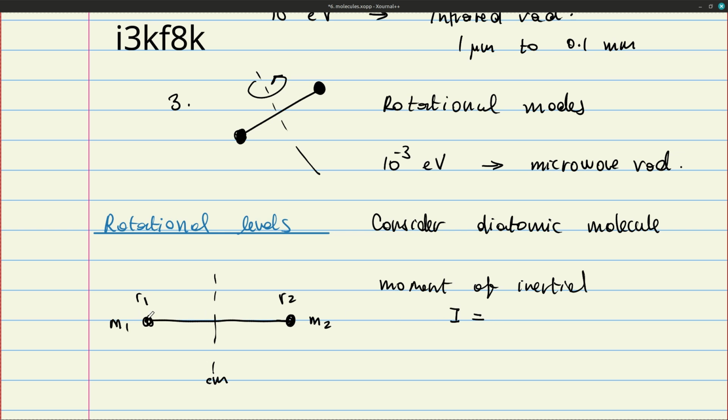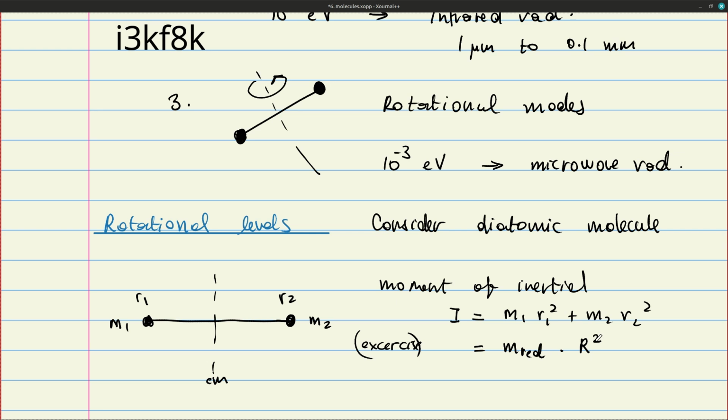But this is like two different masses, right? Point masses, if you want. This is M1 R1 squared plus M2 R2 squared, right? Simple stuff, just the definition of moment of inertia. But here's your exercise: you can show this to be equal to reduced mass times center of mass squared, right?